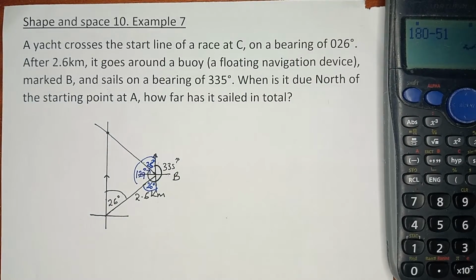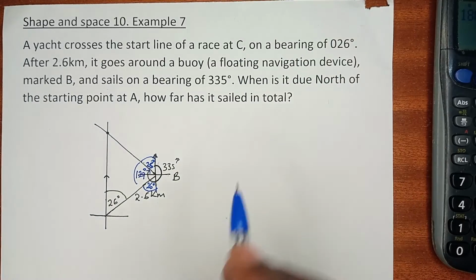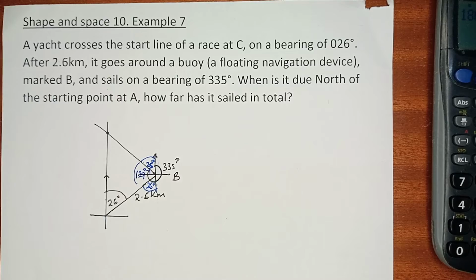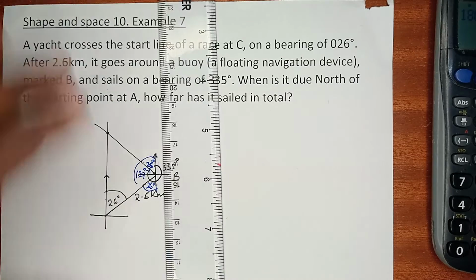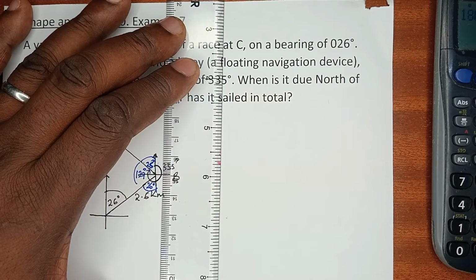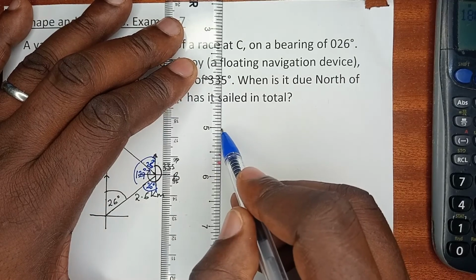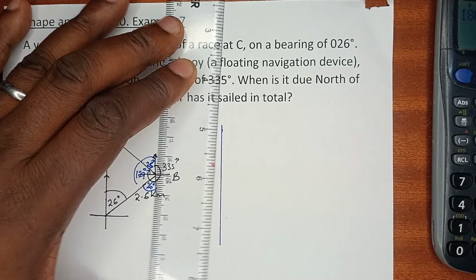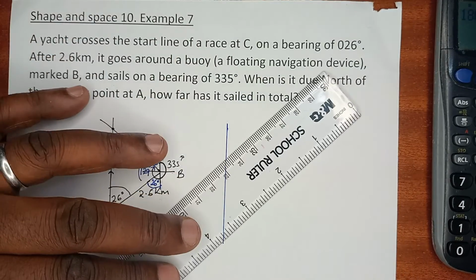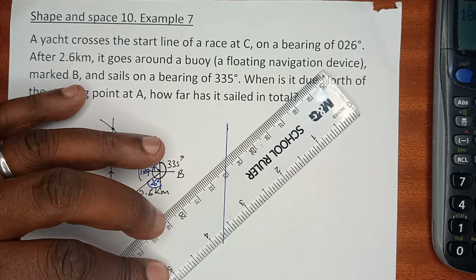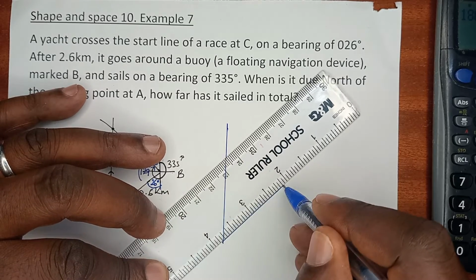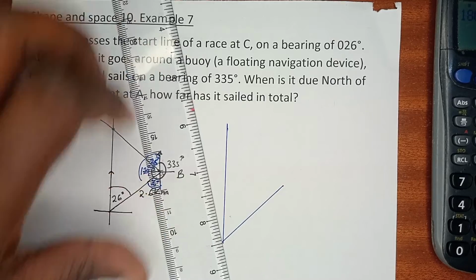Let us now come up with a diagram that has all those details, so that we can see exactly what is happening. We have a triangle with this angle, that angle, and that line.